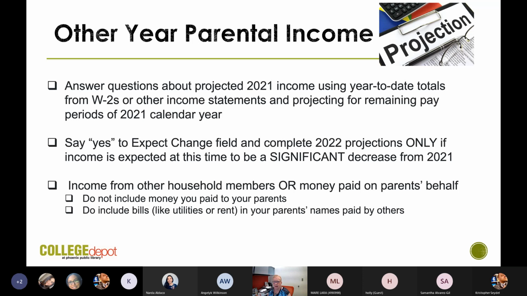I live with my mom and dad and my brother, and he earns a bunch of money and he supports all of us. But the names on the mortgage, the utility bills, everything are my parents, but he pays them for them. I must list that as a contribution. If, however, we just live with my brother and it's his house and his utilities and everything, we do not need to list it.